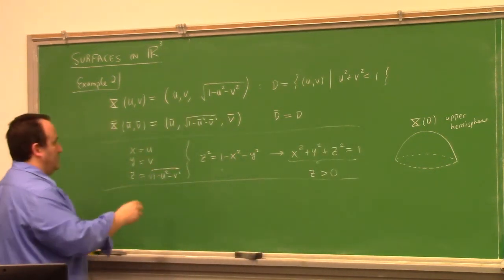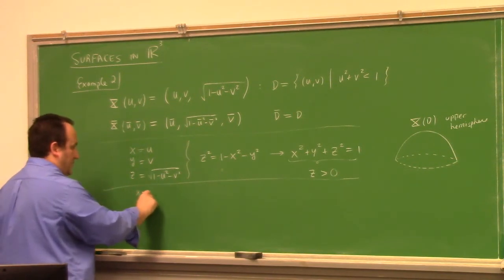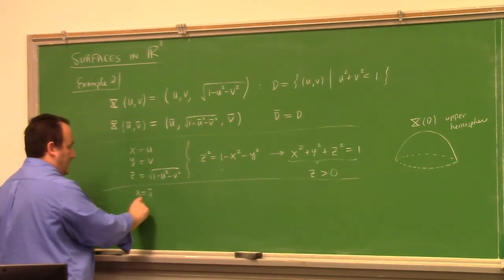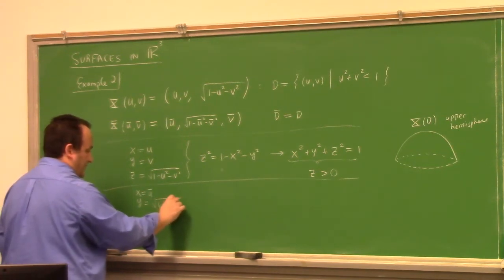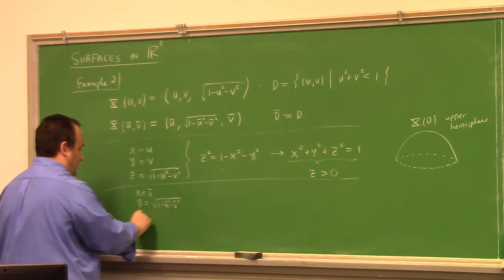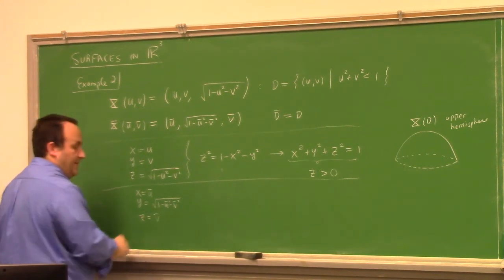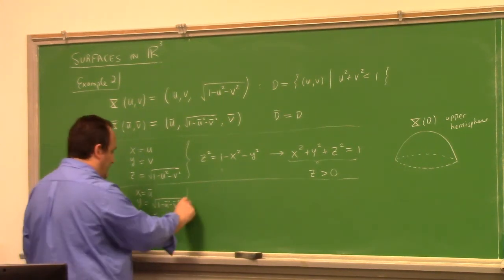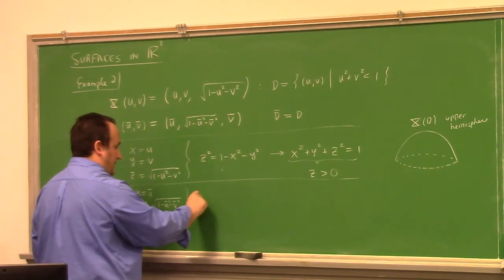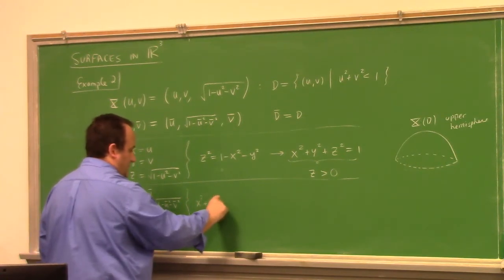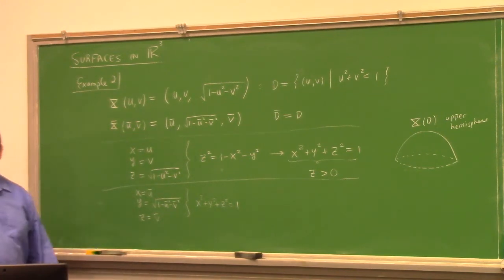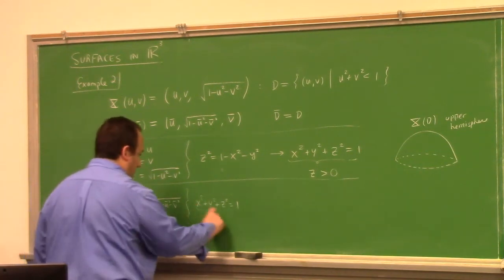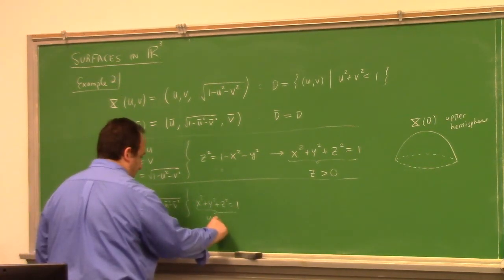We've got x equal to u bar, y equal to the square root of 1 minus u bar squared minus v bar squared, z equal to v bar. What's this give us? Again, x squared plus y squared plus z squared equal to 1, right? Same algebra. But now this is for y greater than 0.